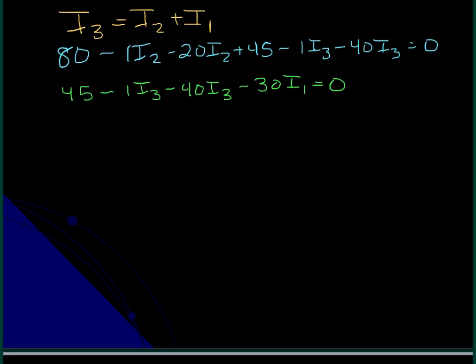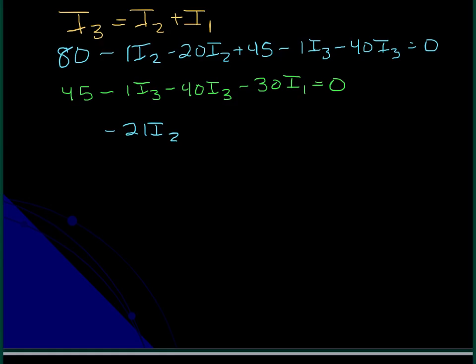Okay, transferring our equations from the previous page, these can be simplified using combining like terms. So the blue equation can become 80 minus 21I2. Well, actually, the 80 can be combined with 45.